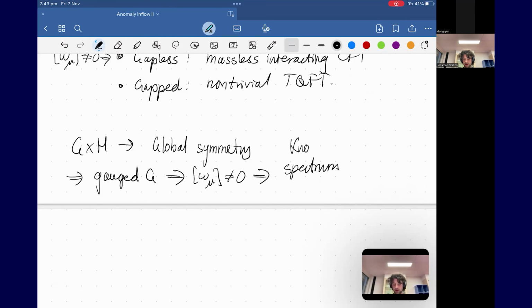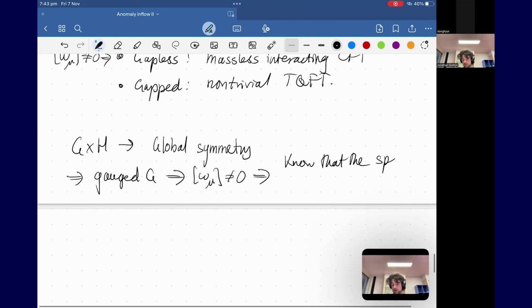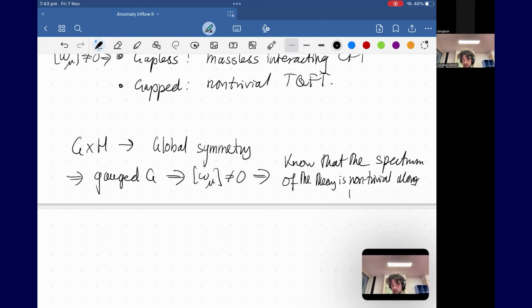We know in particular that the spectrum of the theory is non-trivial along RG flow, which is a very powerful statement.